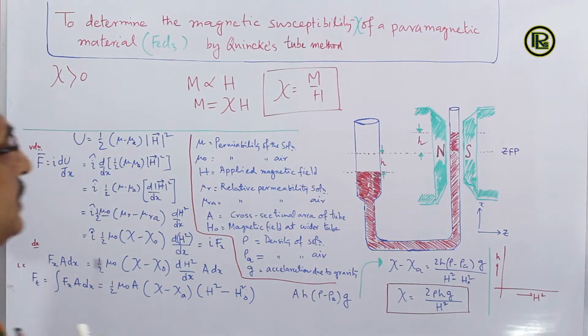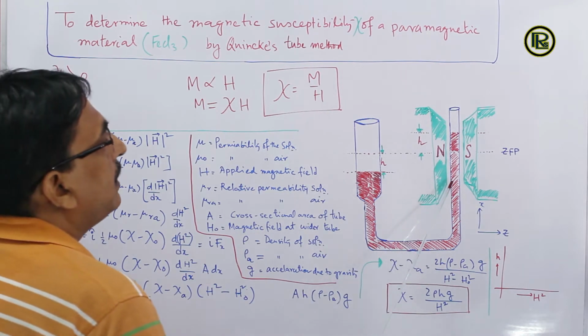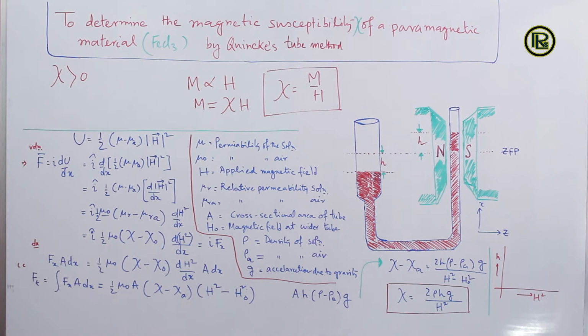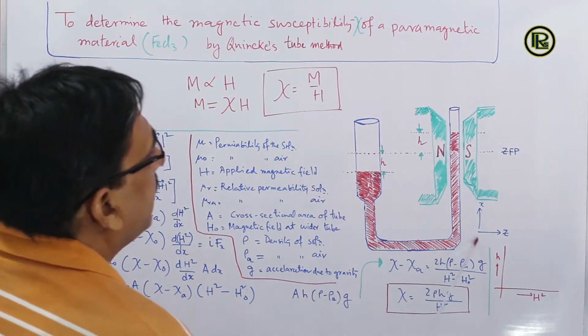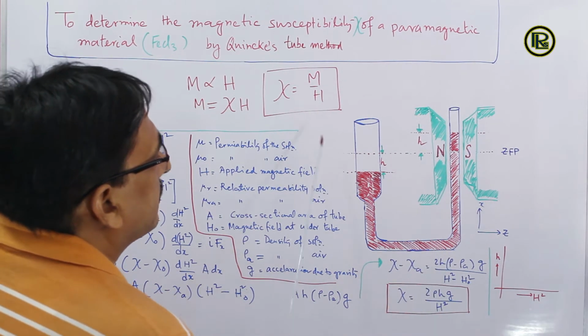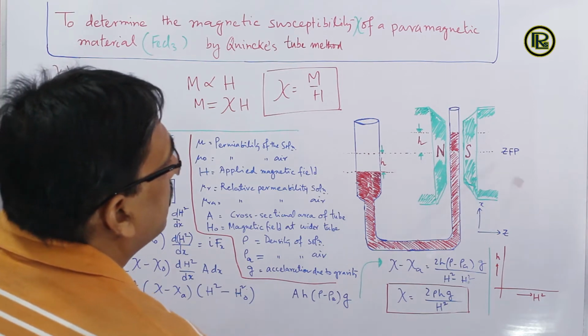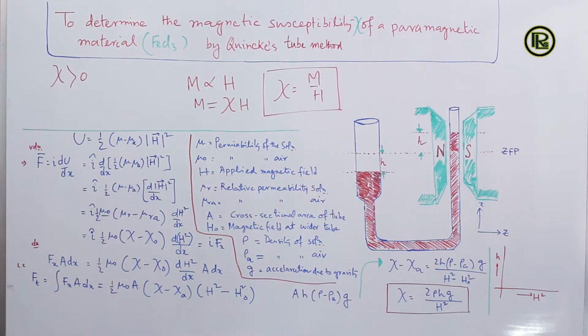Now, the force per unit volume acting on this liquid is equal to the change in the potential energy of the system, and that change is along the x direction. This is my x direction, and the magnetic field is along the z direction. Therefore, the force experienced by the ferric chloride liquid per unit volume is F is equal to minus dU/dx.